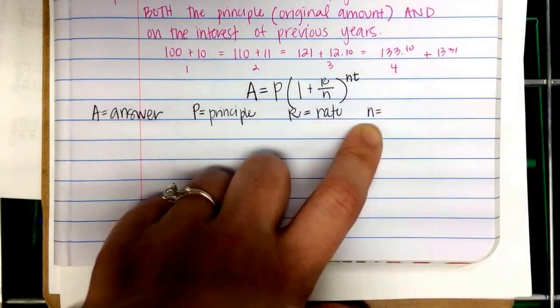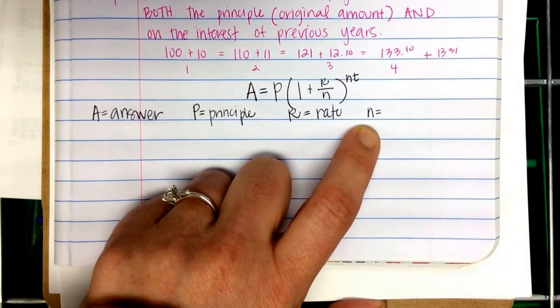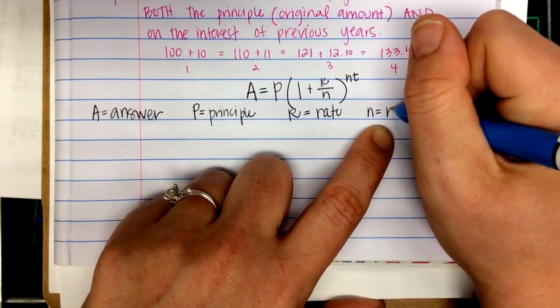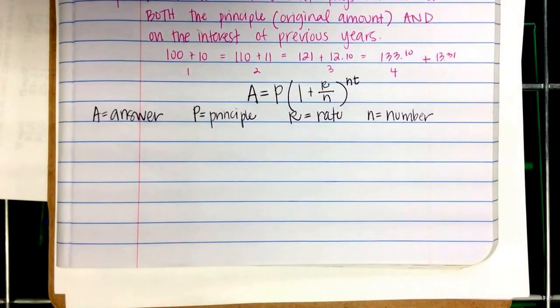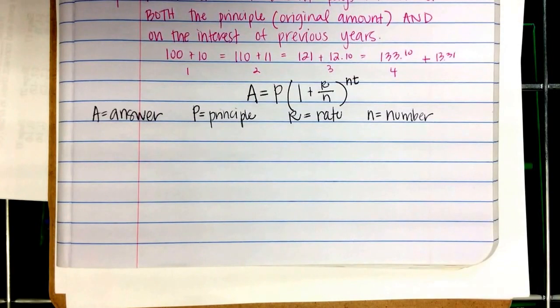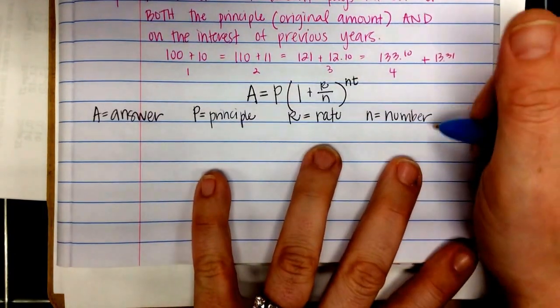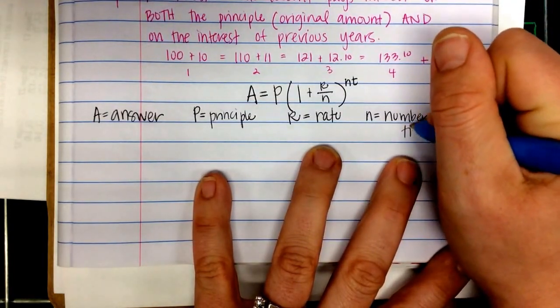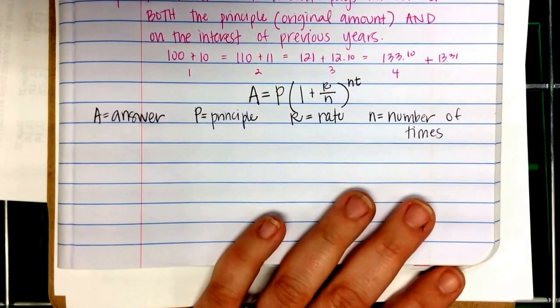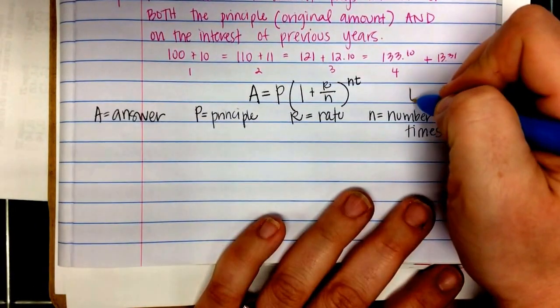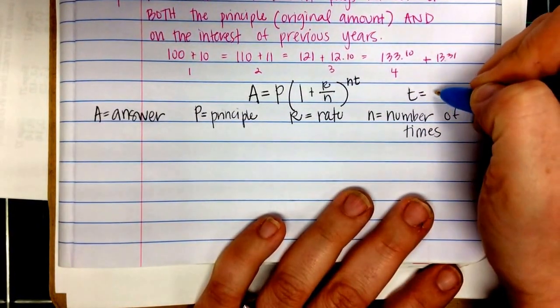N stands for the number of times, and T stands for time.